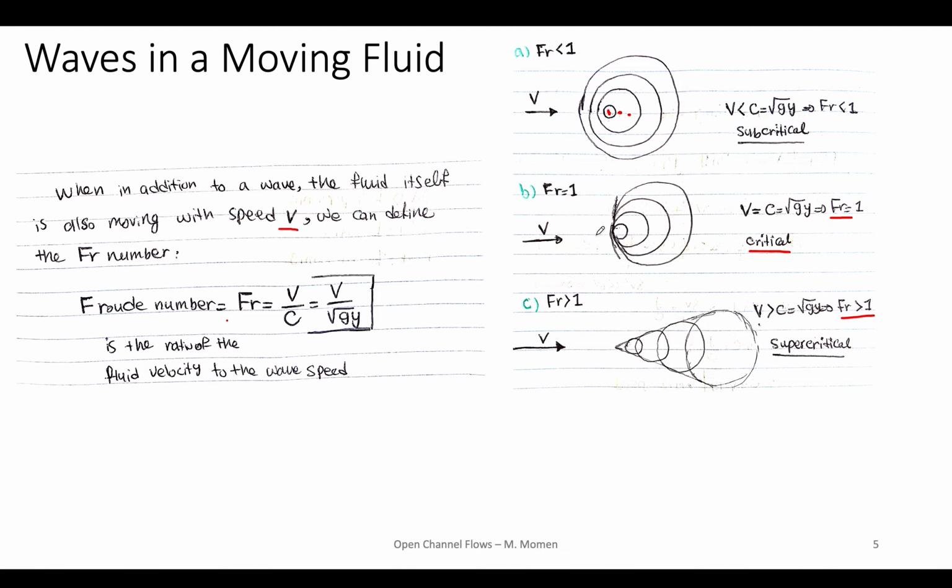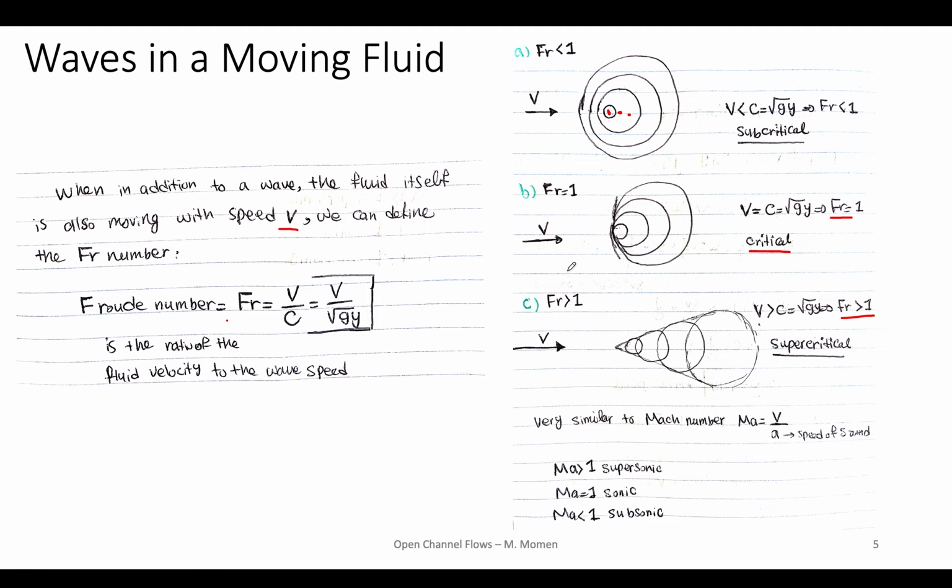Okay, and also this concept is very similar for all waves, even when you have the speed of sound, or what we call another number, which is Mach number. Okay, in Mach number, you have the velocity of the fluid over the speed of sound. Here you have the wave speed of the water wave, or small amplitude waves, and in Mach number we have the speed of sound.